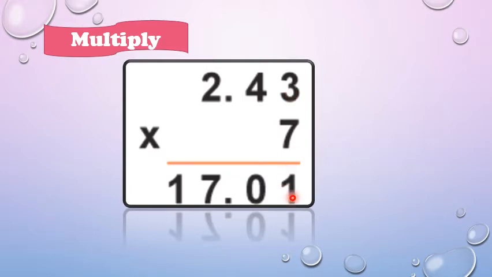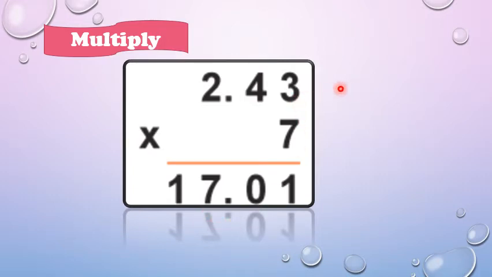I will write 1 and carry 2. 7 times 4 equals 28. Plus 2 equals 30. Write 0 and carry 3. 7 times 2 equals 14. Plus 3 equals 17.